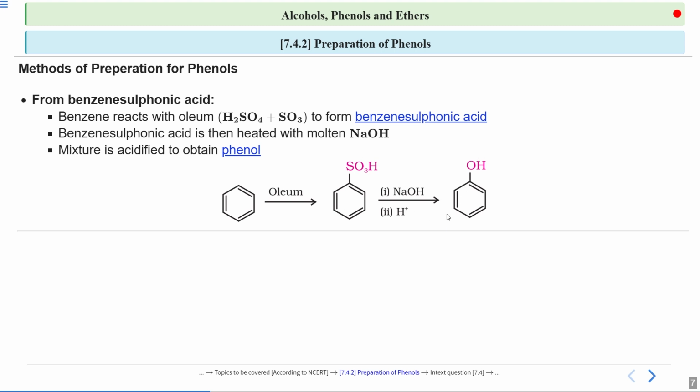So you will be left with a phenol. So this is how from a benzene, first we got benzene sulfonic acid, and then from benzene sulfonic acid we got a phenol. So this is another method of preparation of phenol, that is from benzene sulfonic acid.